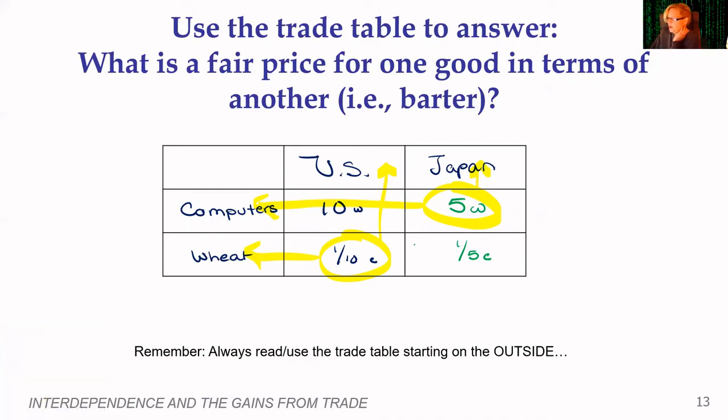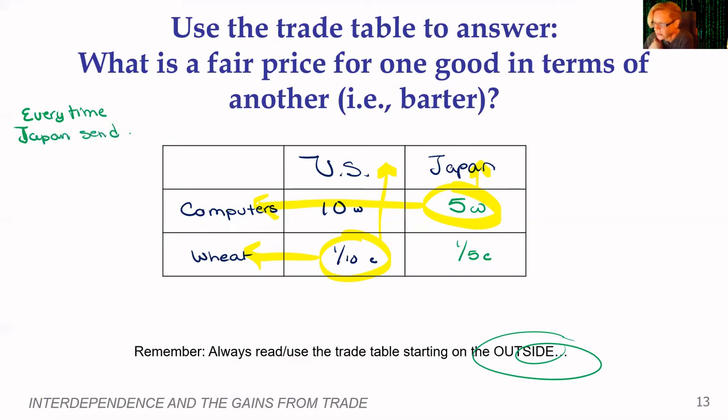Now, when I look at what is a fair price for one good in terms of the other, remember you have to start with the outside here. So what I'm going to say is a fair price for computers. So maybe the question asks, every time Japan sends one computer to the US, how much wheat will it expect to get in return?